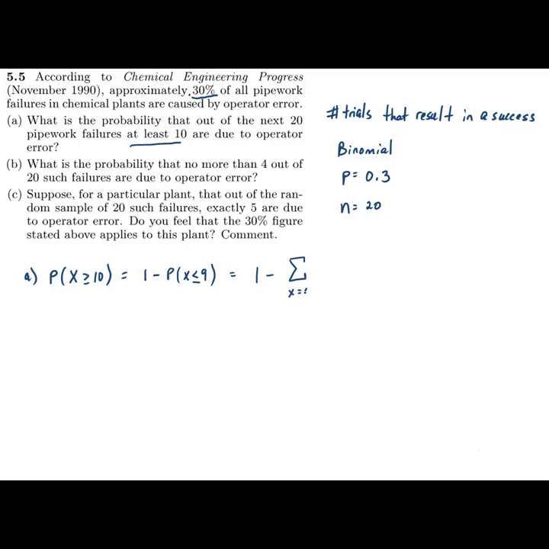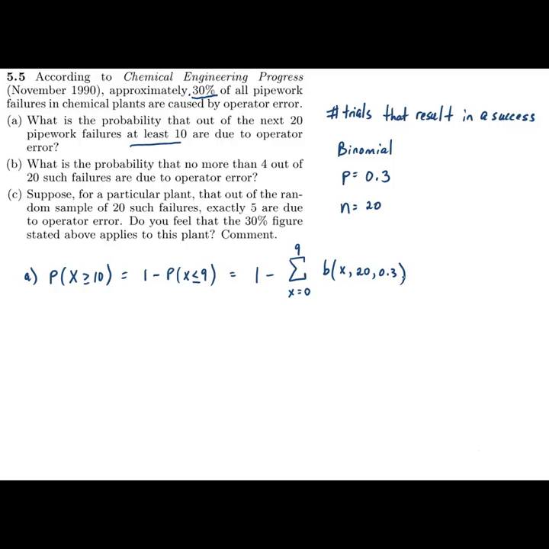So you have to include 0 to 9 of the binomial. So I'm going to use this binomial X, 20, and 0.3 is the probability.